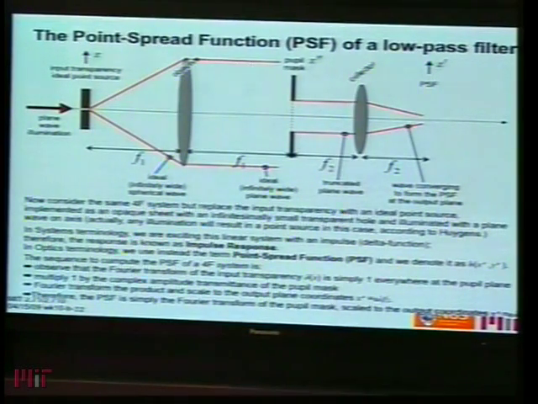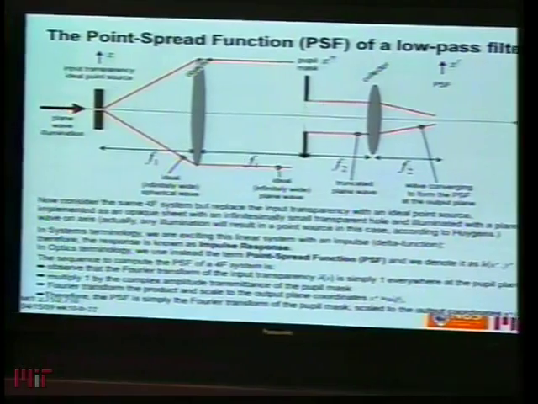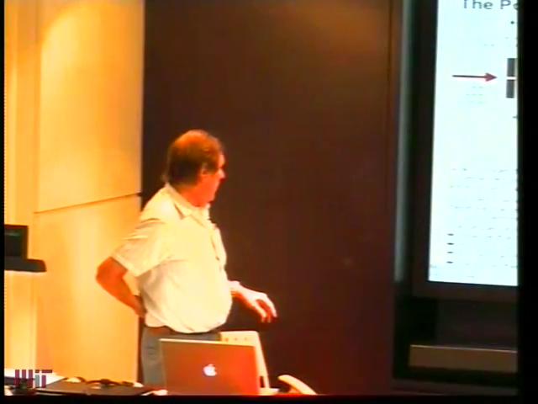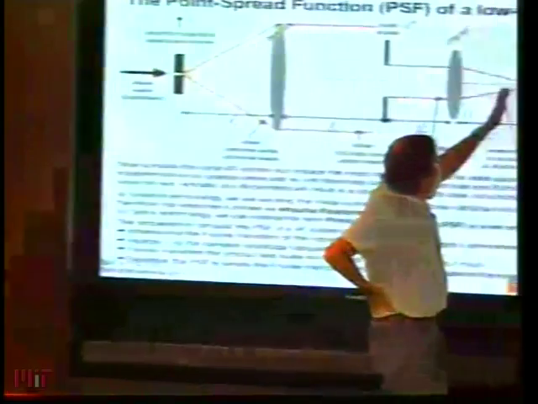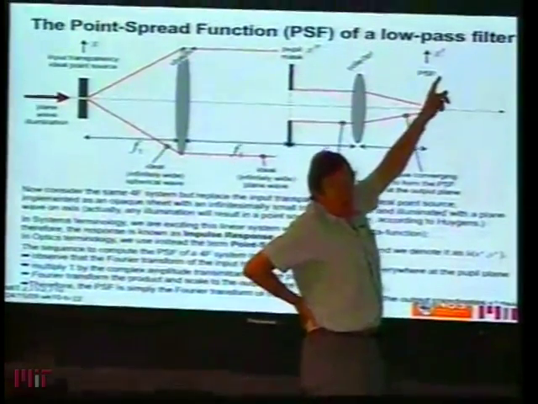I ought to say something a bit more about the scaling of this. The output point spread function is a function of x dashed.